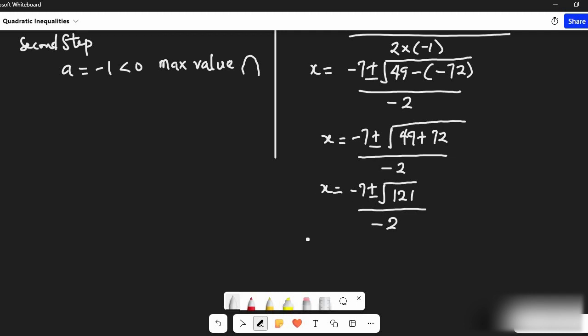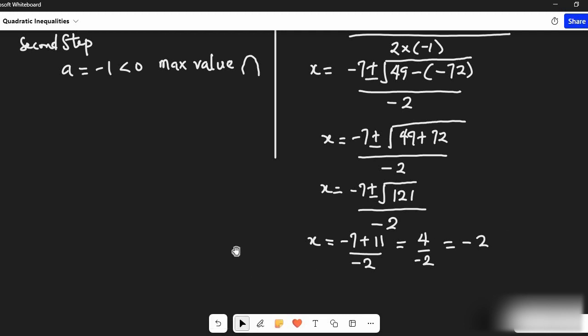So we have that x equals minus 7 plus 11 over minus 2, which is equal to 4 over minus 2, which is equal to minus 2.